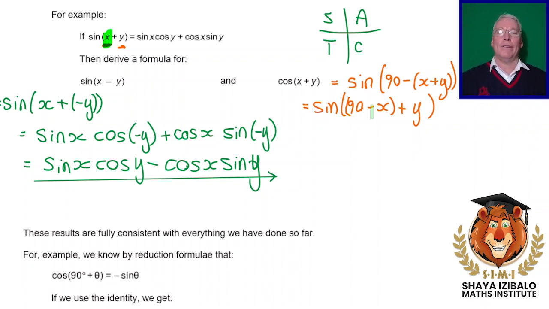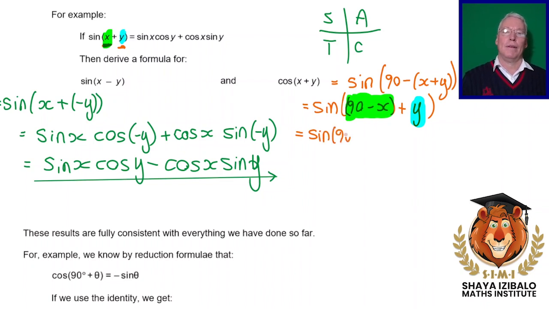There's our x. That's the sine of the first thing, plus that is there. So if we look at the formula, it says sine of something plus something. We find the sine of the first thing. So in other words, it's going to be sine of 90 minus x times the cos of the other thing, cos y.